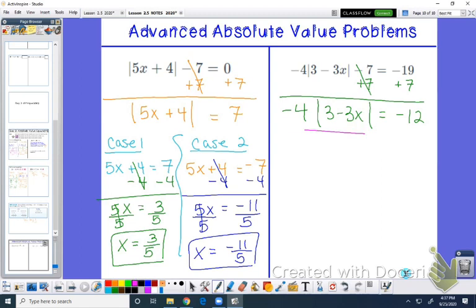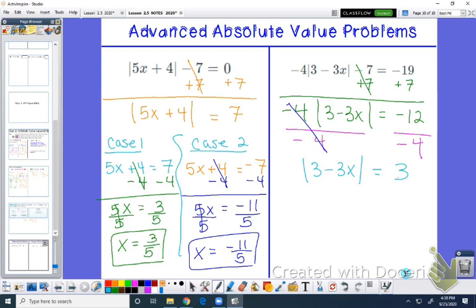So we're going to divide both sides by negative 4. Negative 4 divided by negative 4 is just 1. So now we are left with the absolute value of 3 minus 3x is equal to negative 12 divided by negative 4. That's going to be a positive 3.